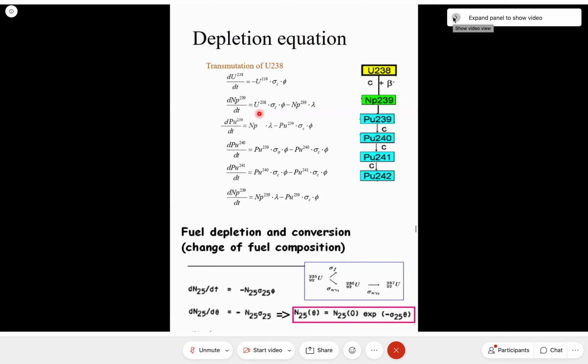But the answer to the question, what about uranium-238, is very simple, because we solved it in the previous step. If you solve it, you can insert the solution in this part of the equations, and then finally this whole equation can be solved numerically or analytically. So the next step is plutonium-239.